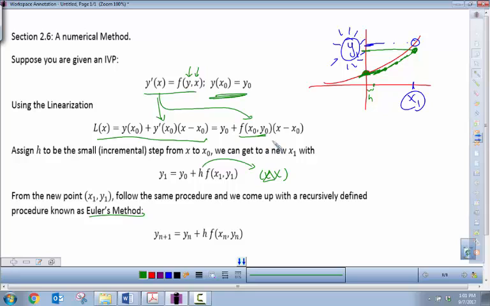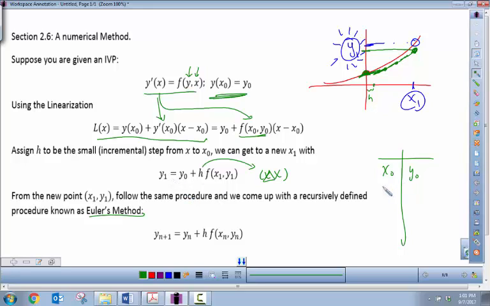And so now, instead of thinking about it as finding equations of lines, they made it a little bit more compact here, where you start off with y sub 0 as your initial point. Let me start off with a table here. So you start off with x sub 0 as your starting point, and then your y is y sub 0.